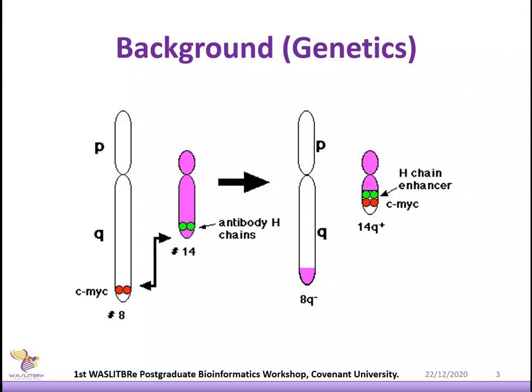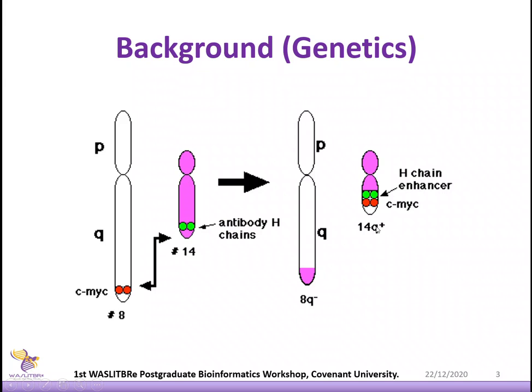Okay, so a little bit of genetics. Burkitt's lymphoma involves two chromosomes, that's chromosome 8 and chromosome 14, or the Q arms. So this image here shows the chromosomes of a normal child. So the CMYC gene sits on the long arm, yeah, that's the Q arm, and the immunoglobulin H gene also sits on the long arm of chromosome 14.